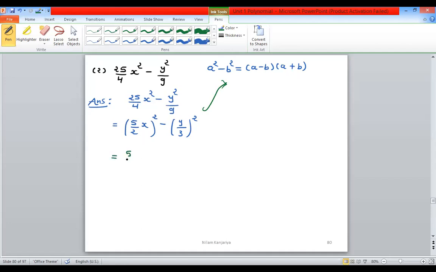So the first bracket will be, and the second is, otherwise they may ask you in reverse form also. Number 3.